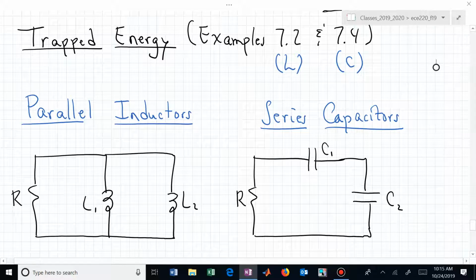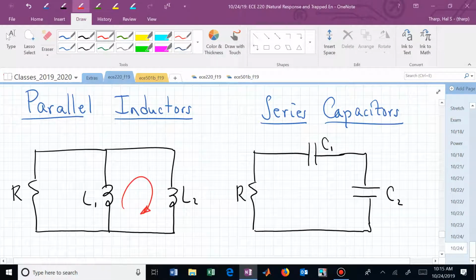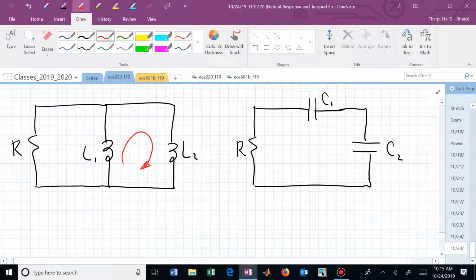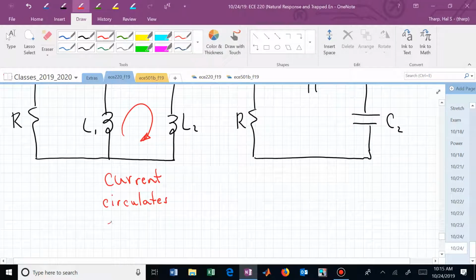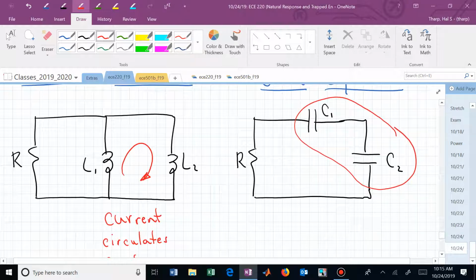Now this is kind of a head scratcher, so let's think about this. We're now claiming that this current just circulates. Some residual current circulates as t goes to infinity. And over here, there's just charge that remains on that series combination.